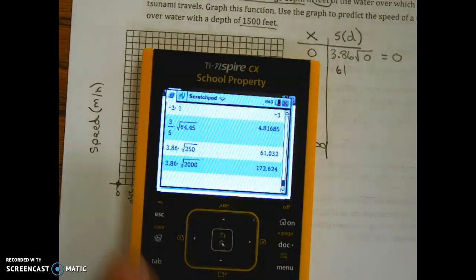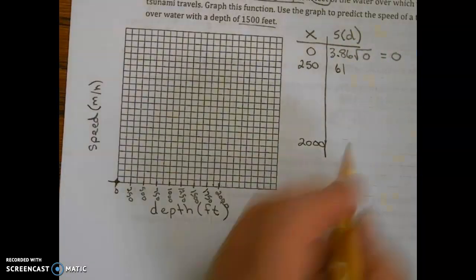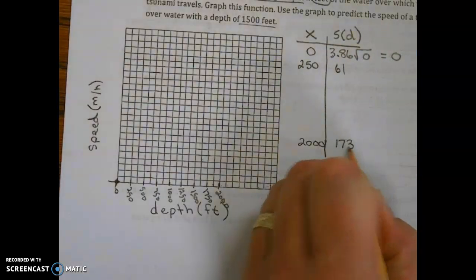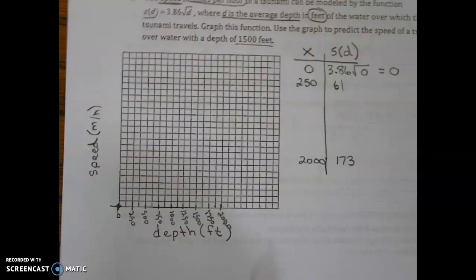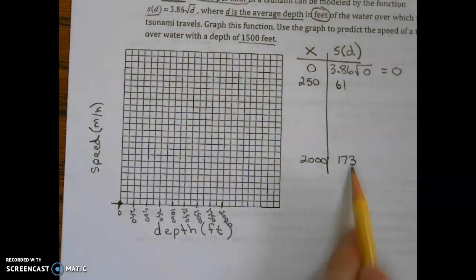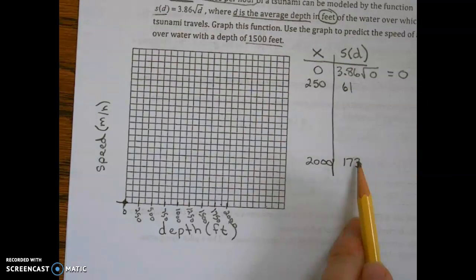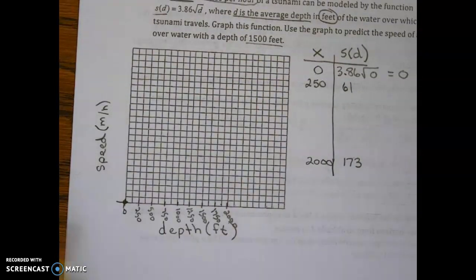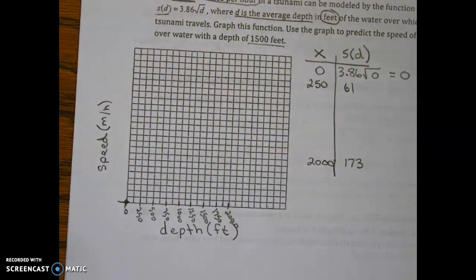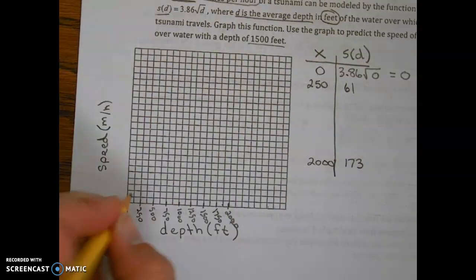I'm going to go ahead and round that to 173 miles per hour. So from my lowest 0 to my highest 173, that gives me an idea that I might want to count this by maybe 20s. I'm going to skip every other one.